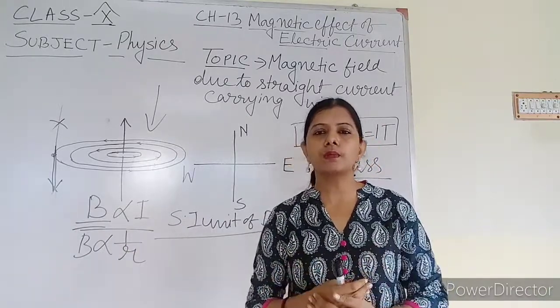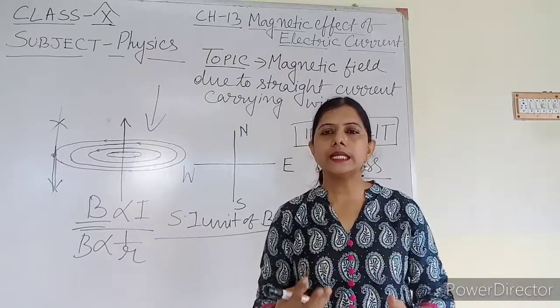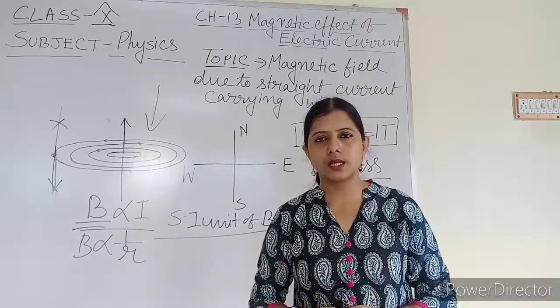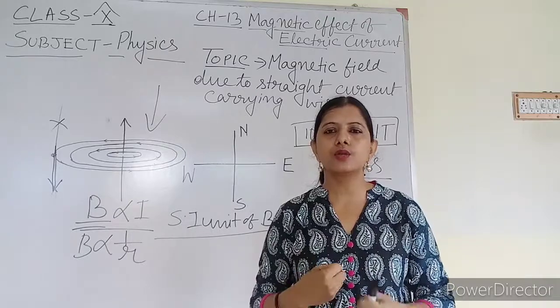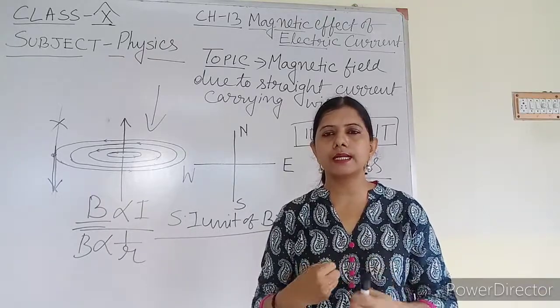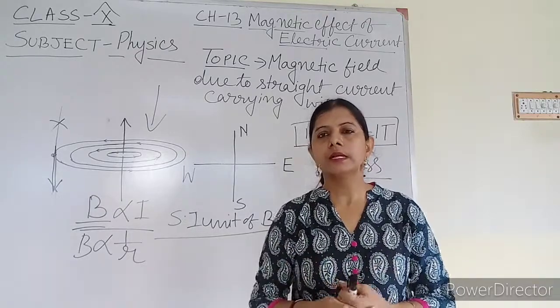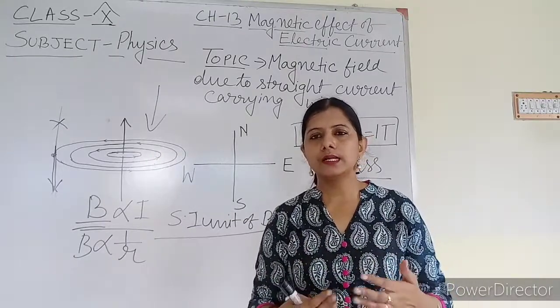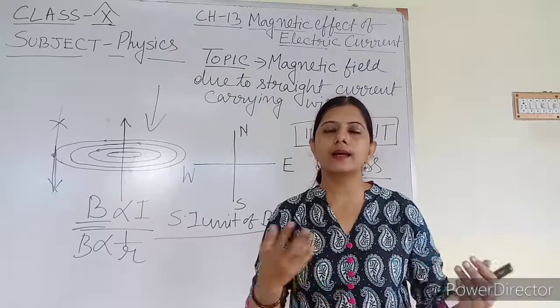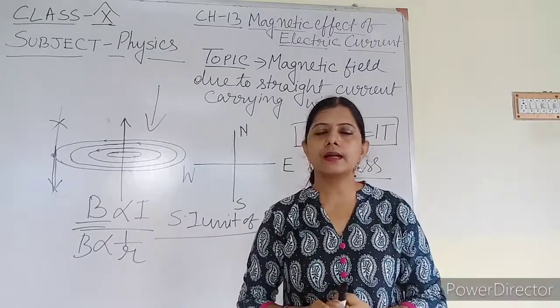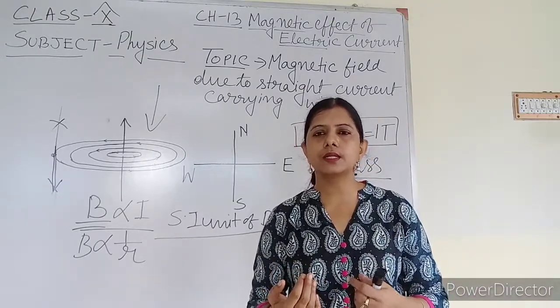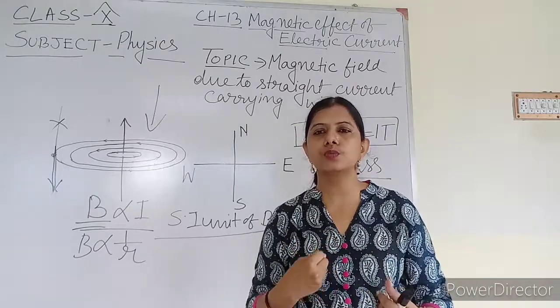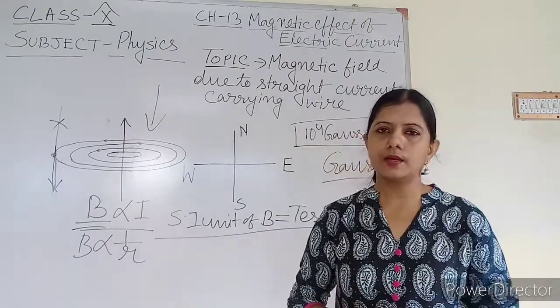If you have any problem, pause the video, see it again and do it by yourself, because until you do it yourself, taking a pen, pencil, whatever you have, you cannot understand. It will be helpful for higher classes also, because in higher classes, in the magnetic effect of electric current, this rule is going to be used several times. So thank you very much.